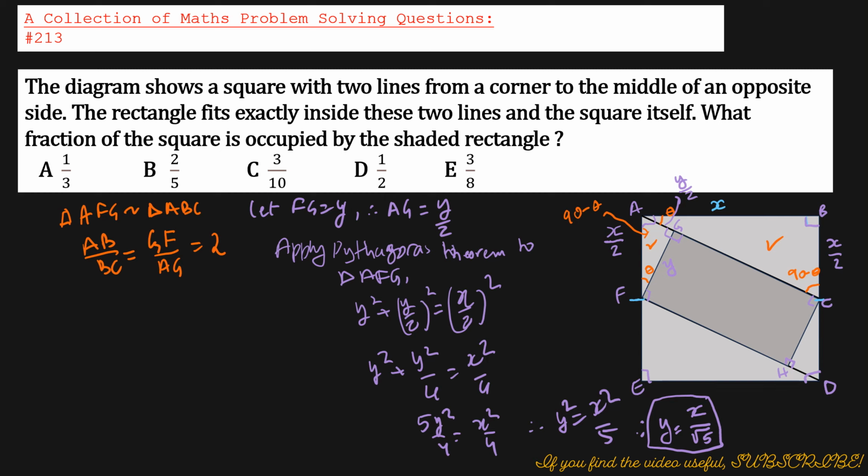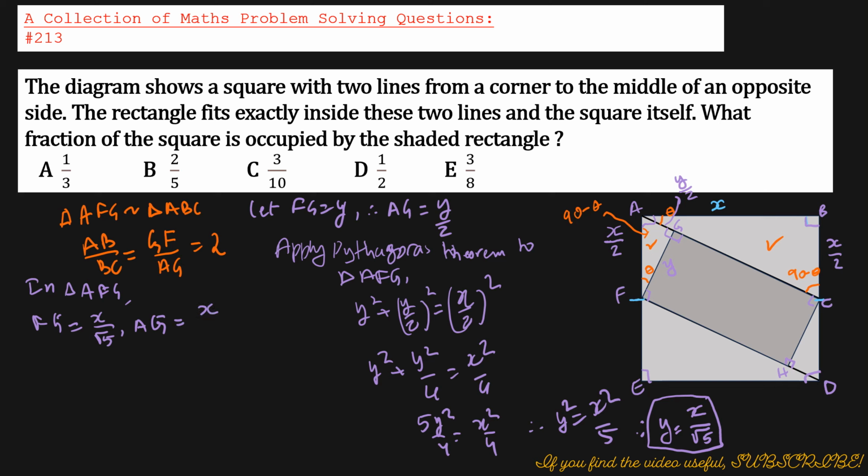So once we know y equals x out of root 5, therefore y out of 2, the two sides of the triangle, that is, if I say that FG in triangle AFG, we can say FG equals x out of root 5 and AG equals y out of 2.